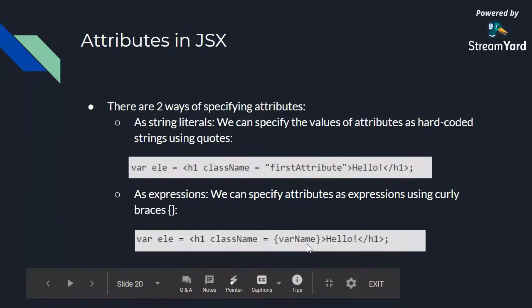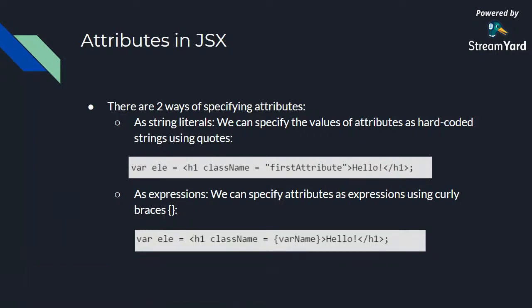I can give a conditional expression to this varName variable, and I can give the className this particular variable, and it will take the value as it changes. So if the varName variable gives the className as black, the background will be black. If the varName variable is white, the className would be white, and according to the CSS that you have put in, the background will be white for that particular class. So we can either give a string literal, or we can give an expression, as attributes.